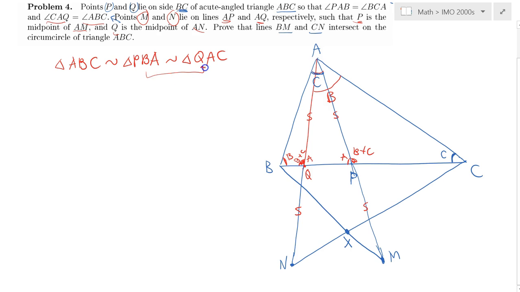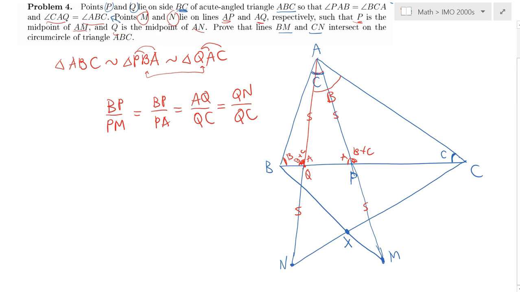Now I can actually make use of these two here. For instance, BP to PA is equal to AQ to QC, but we can simply replace PA with PM here, so that would give us BP to PM is equal to, and similarly AQ can be replaced with QN, QC.